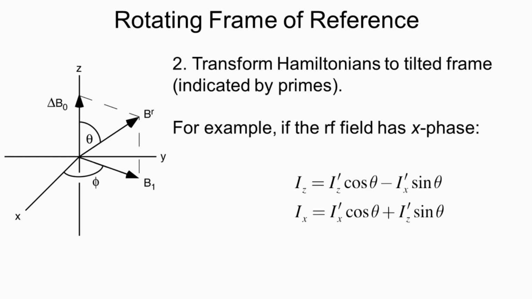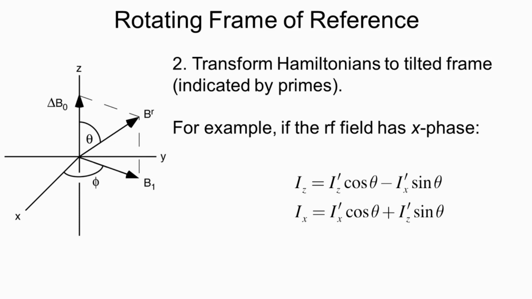So for example, if the RF field has x phase, then in the laboratory frame, an IZ operator projects into the tilted frame with projections along the IZ prime axis and along the IX prime axis. And similarly, an IX operator in the laboratory frame has its own projections into the new frame of reference along the IZ prime axis and the IX prime axis.